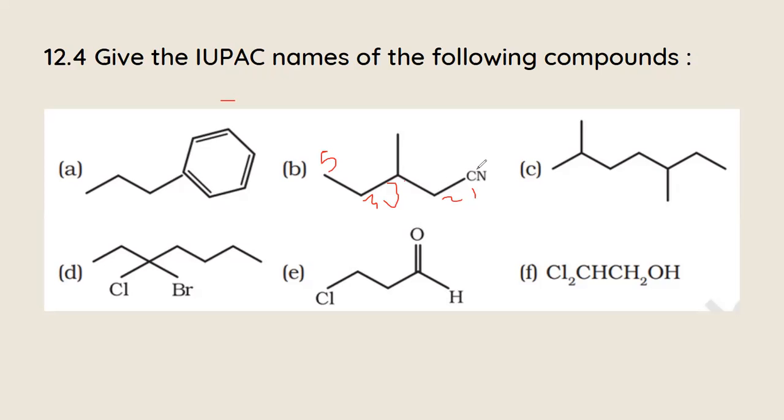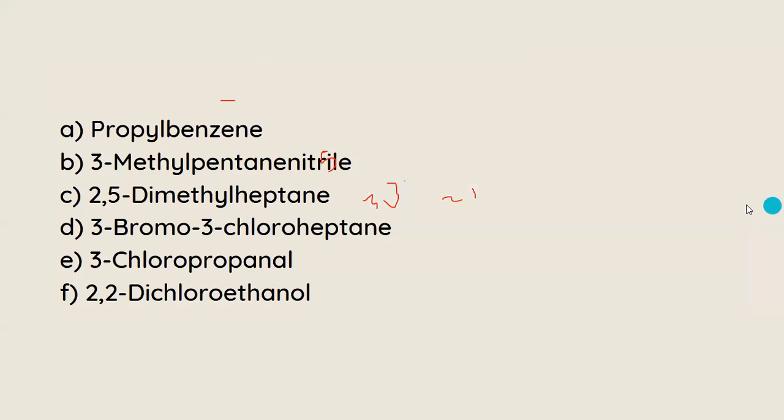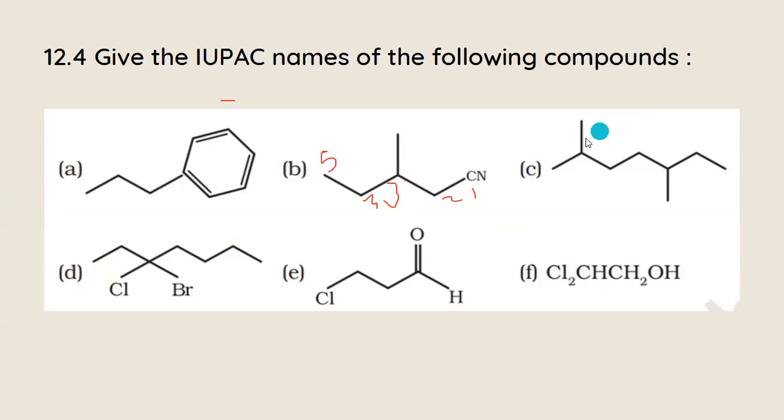The nitrile group's carbon, attached to the nitrogen, is also part of the main chain. So the compound's name is 3-methyl pentane nitrile. Next is this particular compound. So 1, 2, 3, 4, 5, 6, 7. If we go from right to left, you have a substituent at the second position and the fifth position.